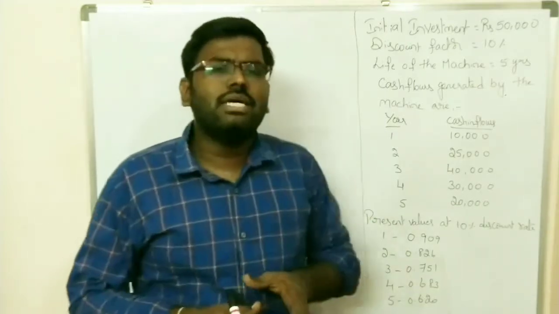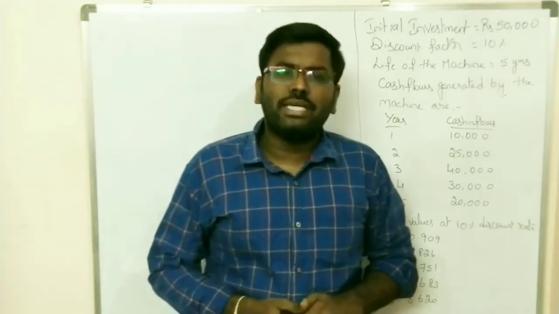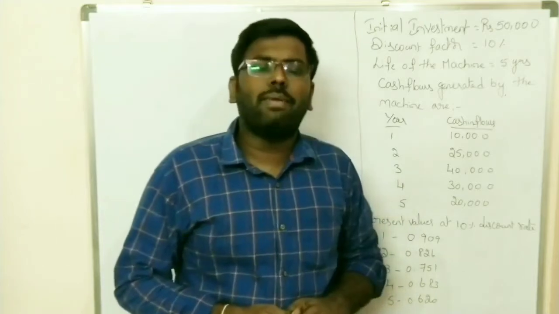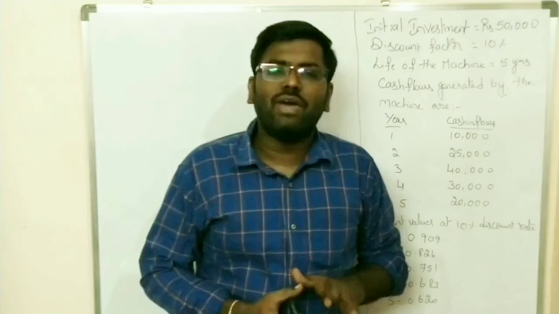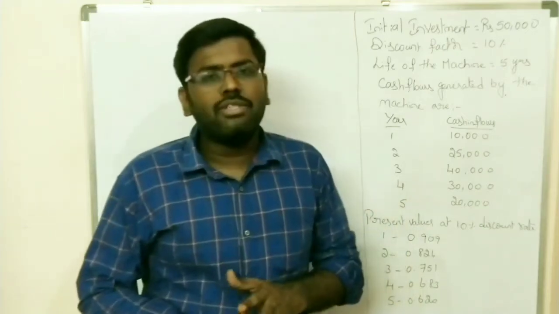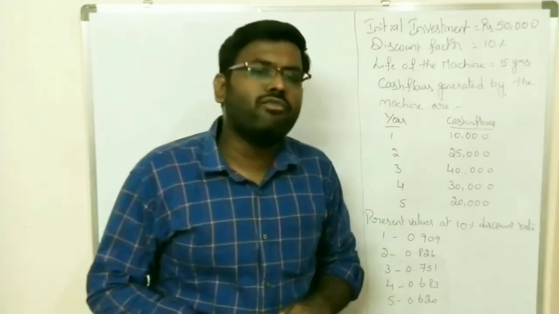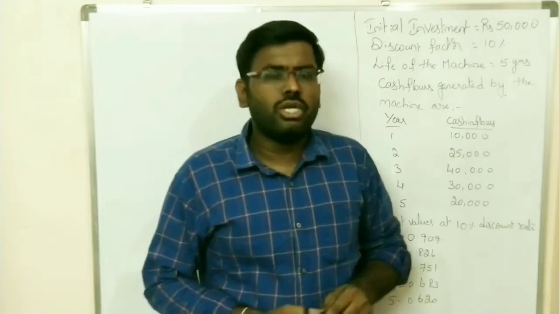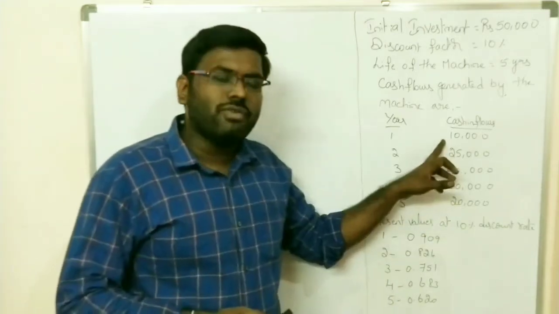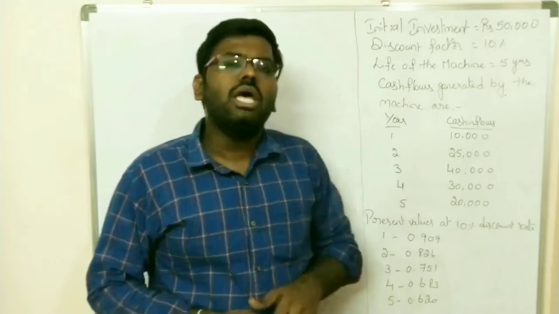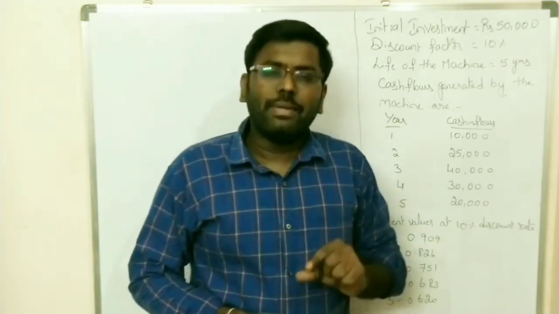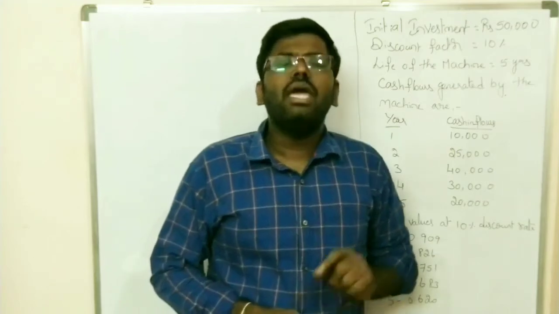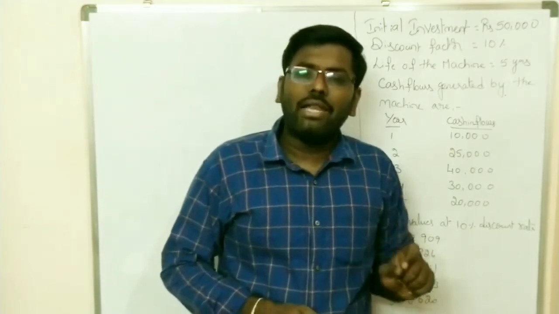As we discussed, the difference between traditional methods and modern methods of capital budgeting is that traditional methods do not consider the time value of money, and in modern methods we will consider the time value of money in the calculation. So whatever cash inflows we have, for these cash inflows we will calculate present values, and the present values will be taken from the present value of annuity table.